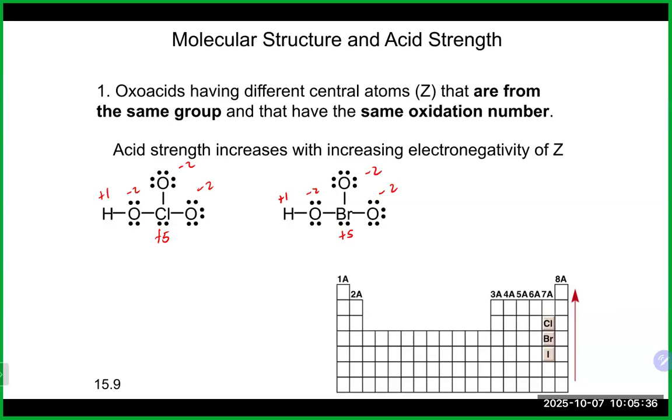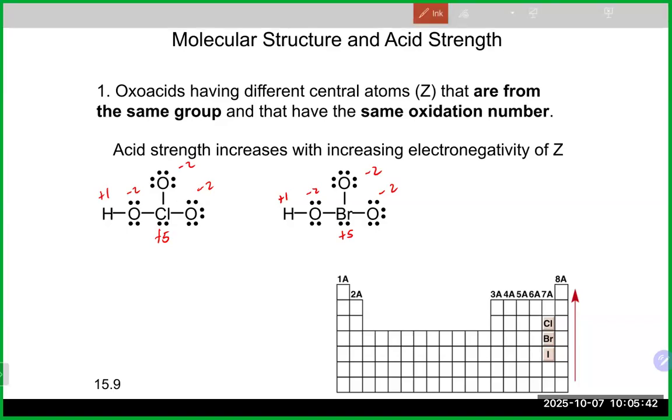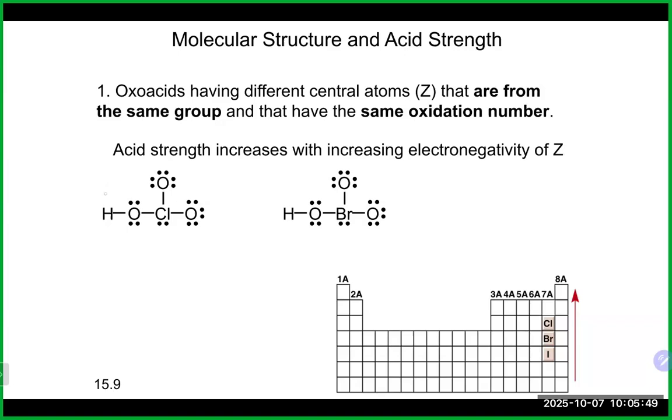And the greater the electronegativity, the stronger the acid. So the idea here is this: since they both share the same oxidation state, we already have a polar bond where the electrons are moving in on that O-H bond.